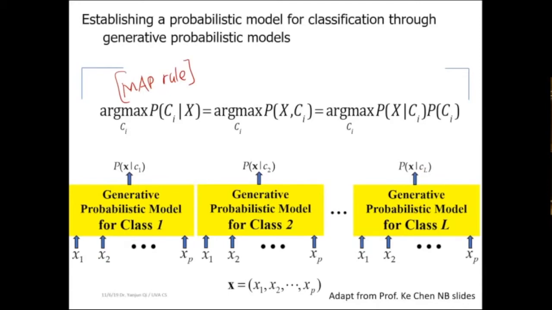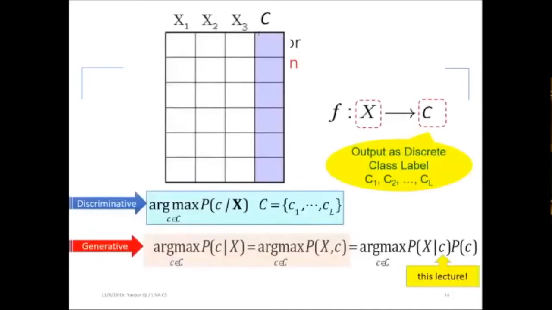This sounds pretty weird for now, but when we do a concrete calculation, it will be very apparent. Just to summarize: a discriminative classifier directly models P(C given X), while a generative classifier models the data from P(X given C) times P(C), and they both use the argmax operation on C.